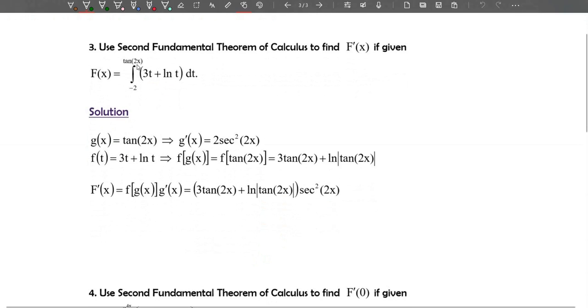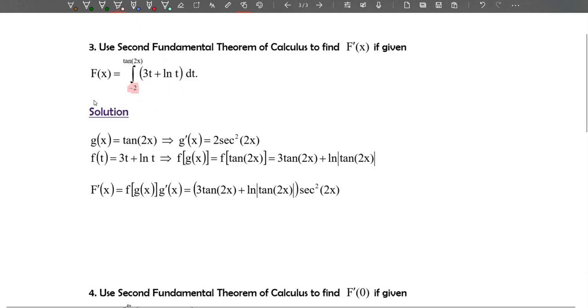Next, the third example we have here, where you need to use the second fundamental theorem to find f prime x again. Given f(x) is equal to the integral from negative 2 to tangent x of 3t plus ln t with respect to t. As I mentioned earlier, one of the limits should be constant.